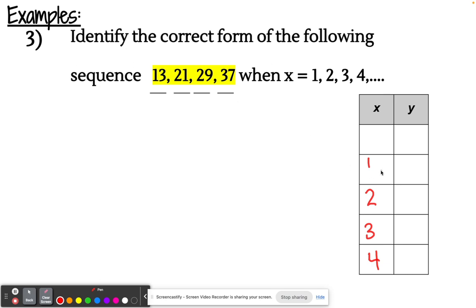When x is 1, that is 13. Then 21, then 29, and then 37. Well, as you can see, this is not a constant multiplication. It's actually repeat addition. I am adding 8 each time.